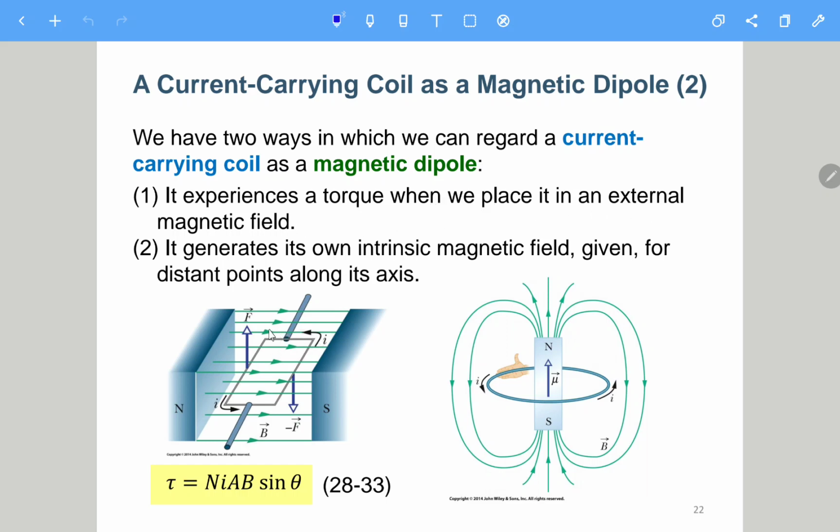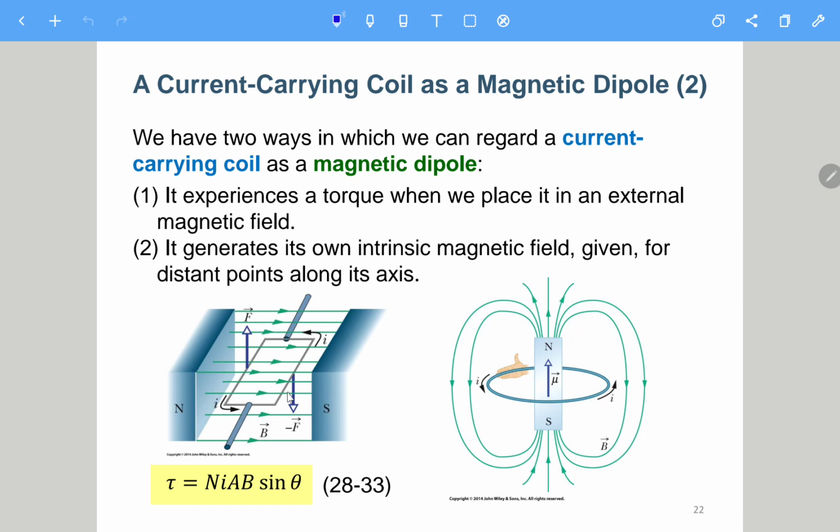This external B field, shaded with a green line, is generated by this big magnet bar. This is the north pole, this is the south pole, so it generates a B field pointing to the right uniformly. If we place a current carrying coil here with a rotational axis, it will try to rotate. We mentioned it in the last lecture.